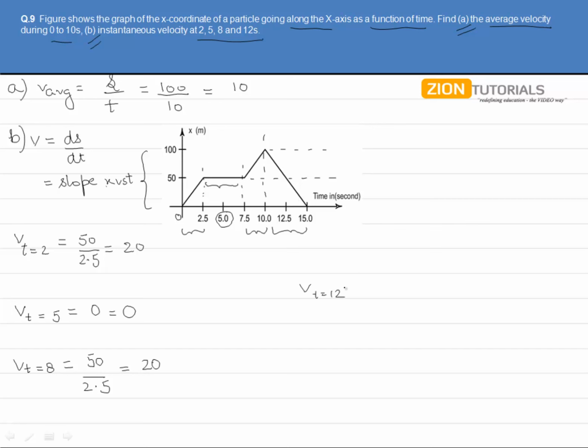So we need to find out the slope of this straight line, which will be negative times the height, which is 100, and the base, which is 5, because 10 to 15 is 5, giving us the velocity of minus 20 meters per second. So we have found out the average velocity to be this, and the instantaneous velocity at 2, 5, 8 and 12 seconds as per the question.